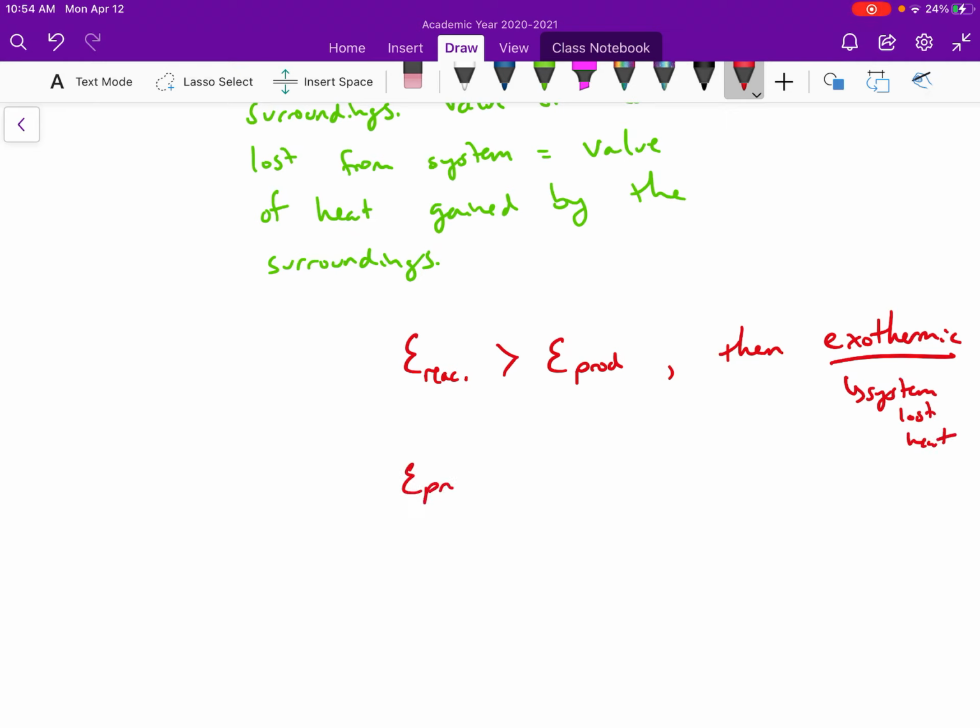If we go the other way, oops, sorry, then it is endothermic, which means system gained heat. Okay?